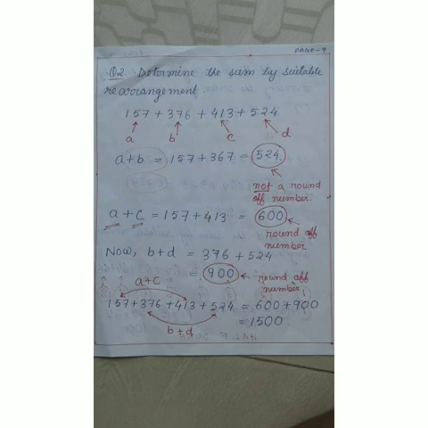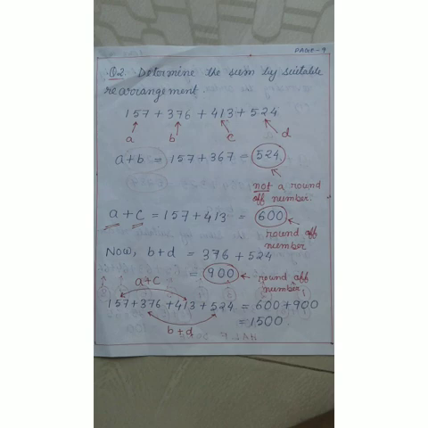If I group A and C, A plus C, A is 157 and C is 413, I get 600, which is a round off number. Now we can group A and C, then which numbers are left?